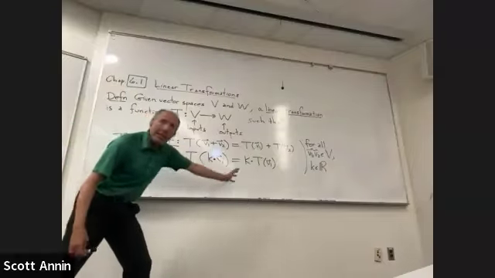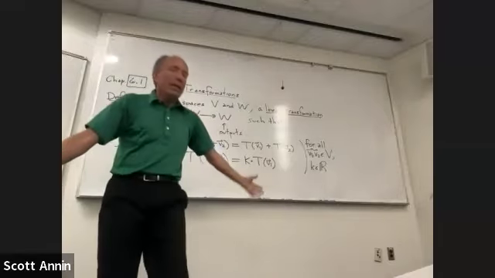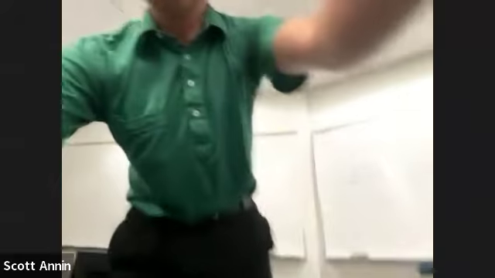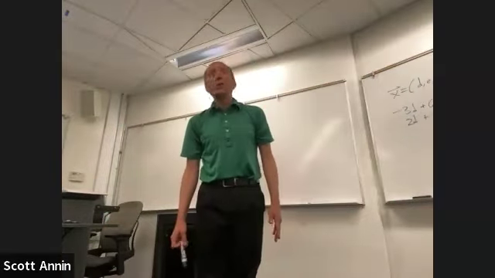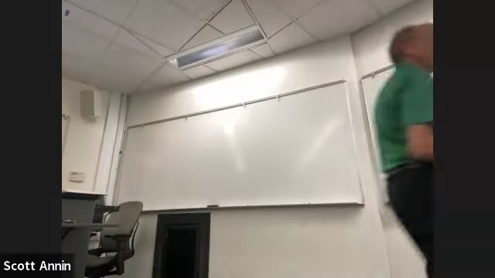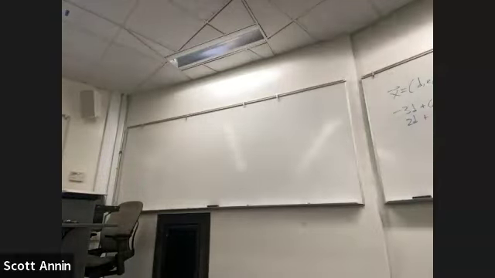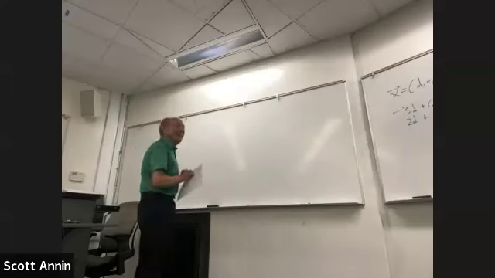That makes them linear transformations as opposed to just random functions. And if you have linear transformations, you will be able to take great advantage of all of the linear algebra that we've been doing up until this point. There's going to be lots of basis and dimension and all that good stuff showing up in this theory. Probably not today, but it's going to show up in chapter 6. So it's not going away, guys.